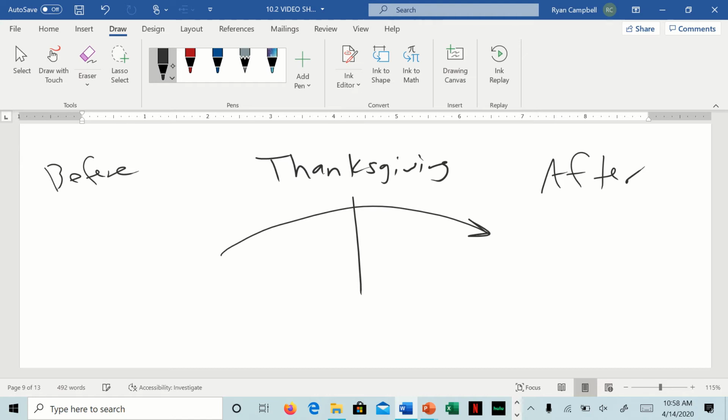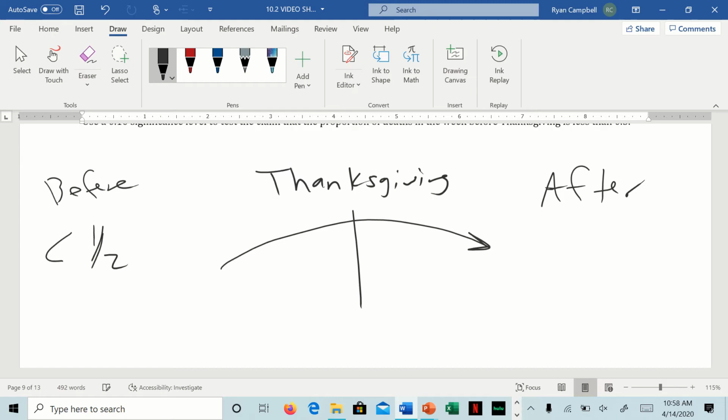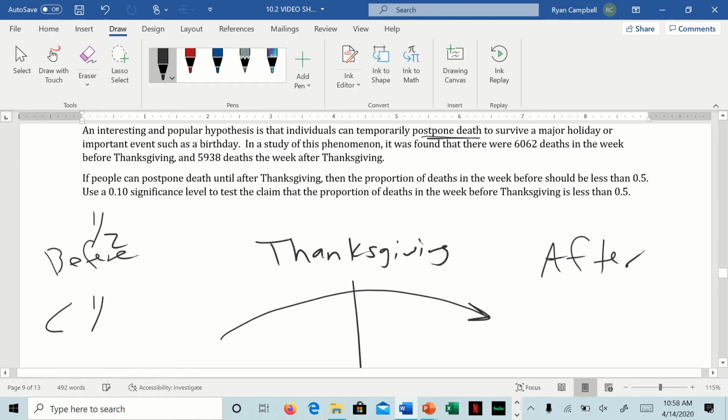You would expect more than half, the majority, to die after Thanksgiving, which would mean that less than half should be dying before Thanksgiving. Again, that's assuming you want to do that.